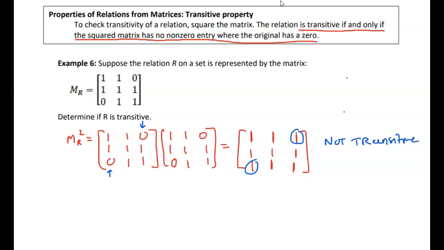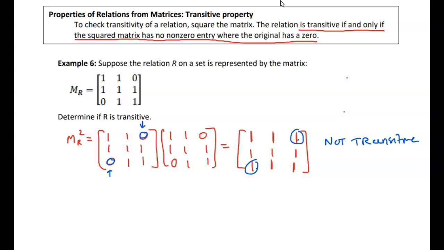For it to be transitive, wherever you had the zeros in the original matrix, these need to remain zeros in the squared matrix. If they change to ones in any of the places, then you say it's not transitive.